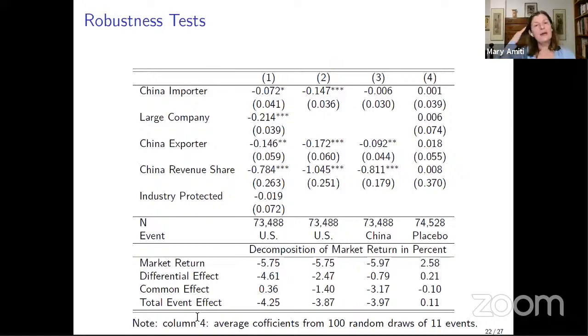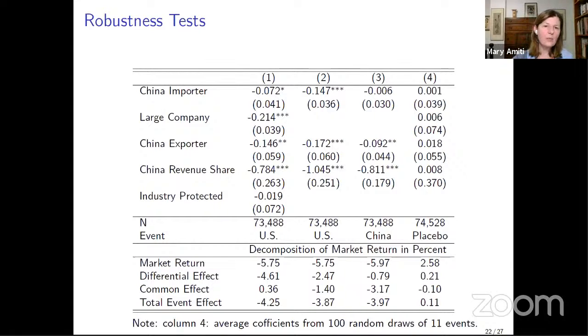So we do some robustness tests. One question that I'm sure has sprung to your minds is, what about the firms that are import competing and are being protected by these tariffs? Shouldn't we see some positive effects for some firms? So we were trying to work out how to account for that.